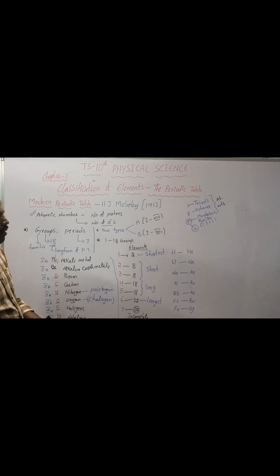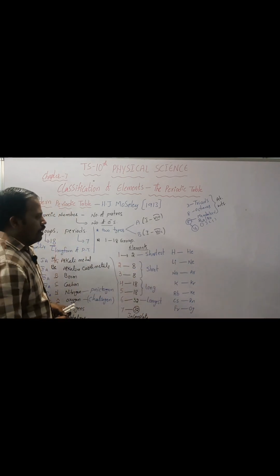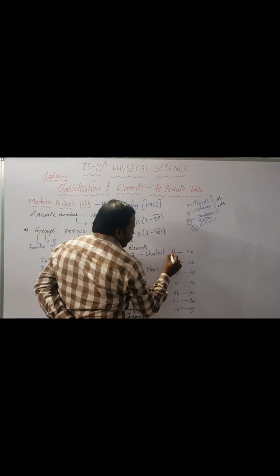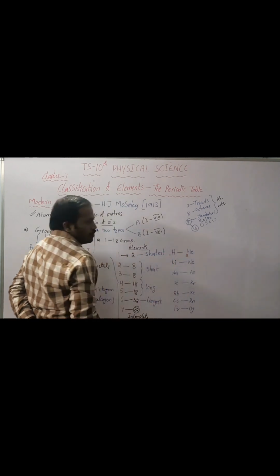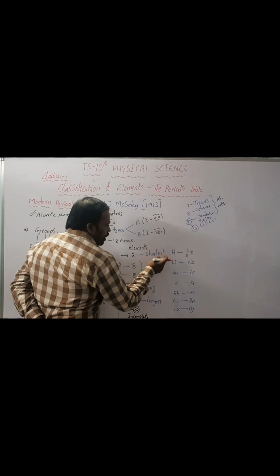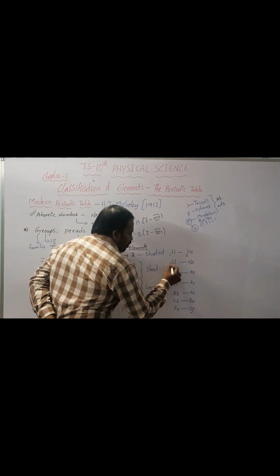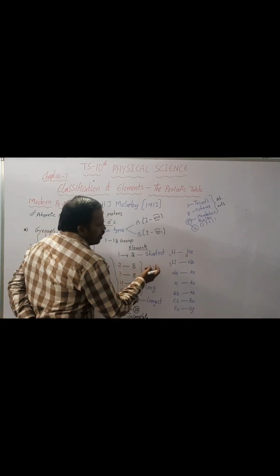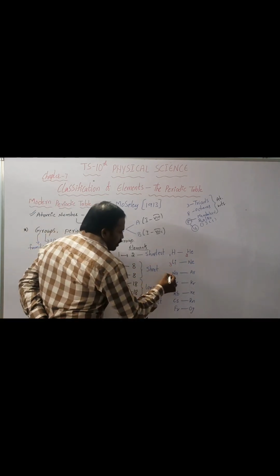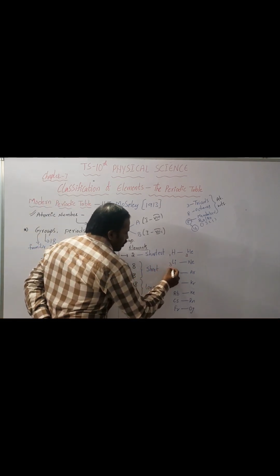Sir, what are the atomic numbers? A simple method to find the atomic numbers. Everybody already knows the atomic numbers of hydrogen and helium. The first period has 2 elements, so you add 2 and the lithium atomic number comes, 3. After this there are 8 elements, so 3 plus 8 gives 11, sodium.